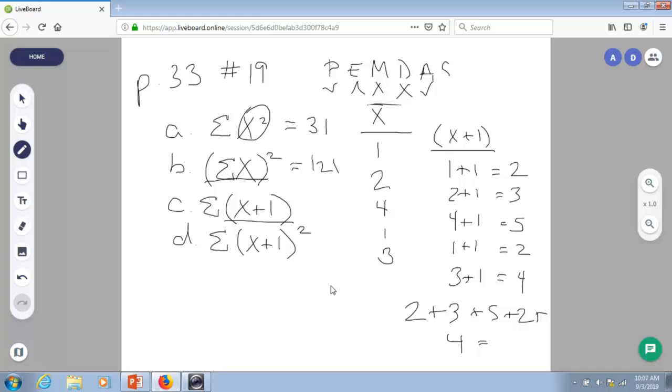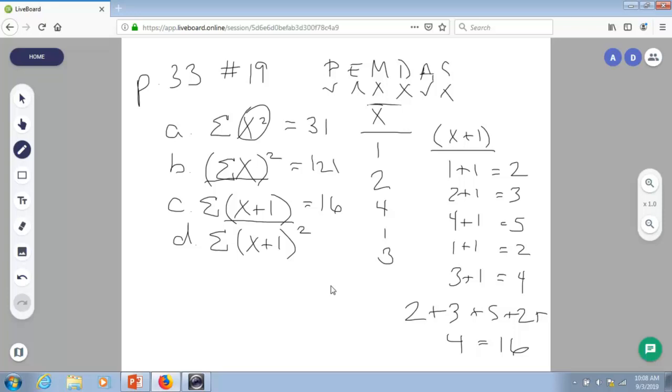So 2 and 3 gives us 5, 5 plus 5 gives us 10, 10 and 2 gives us 12, and then 12 plus 4 gives us 16. So our final answer for C is 16. And there's no subtraction to address, so we don't have to be bothered with that.